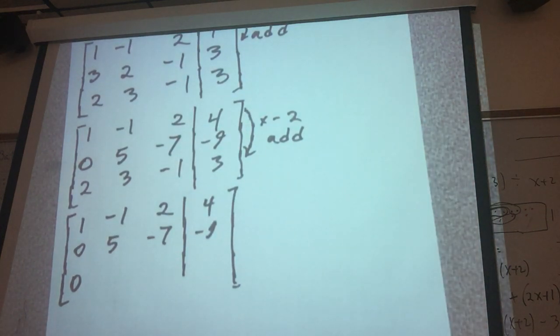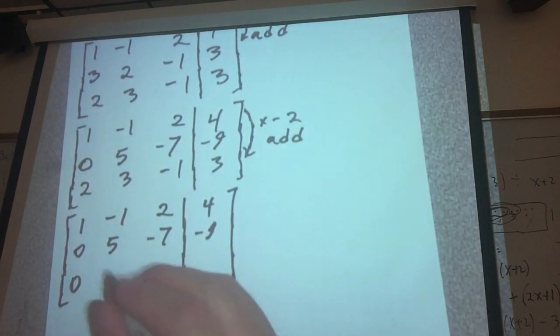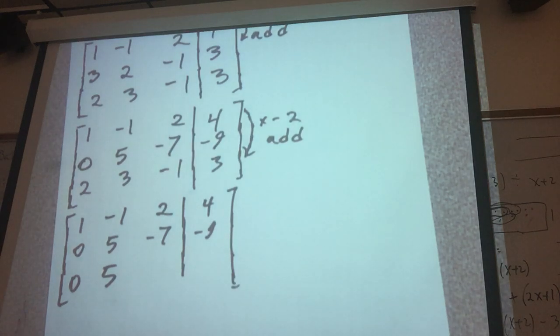Okay. Now, this top row multiplying by -2, right? So -1 times a -2 turns it into a +2. And the +2 plus a 3 is a +5. Okay.